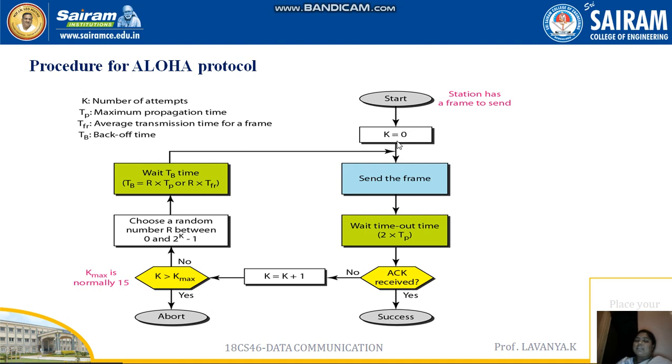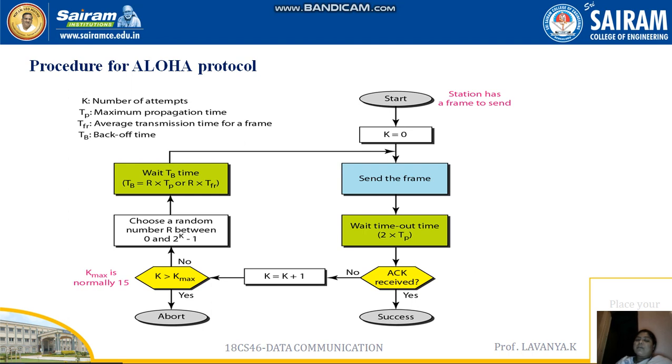Here k is the number of attempts, meaning how many times the transaction is attempted. Initially k is equal to 0, which means I have not attempted any transaction yet.